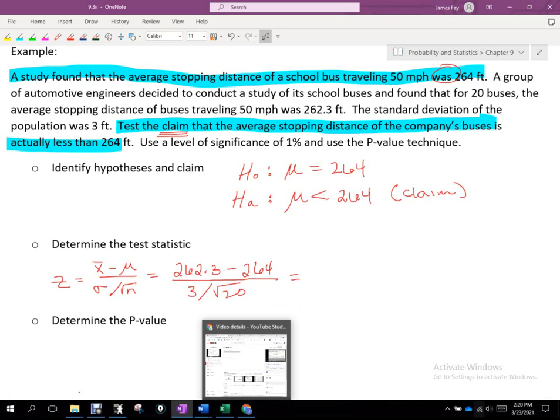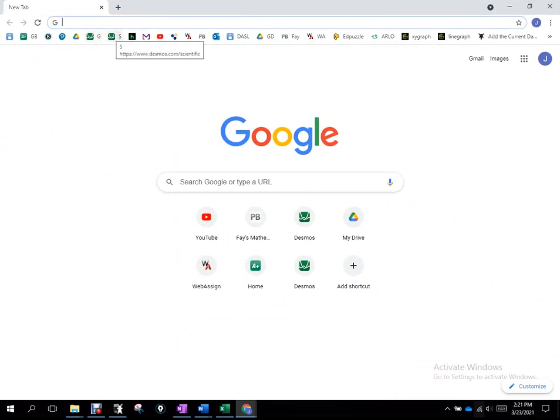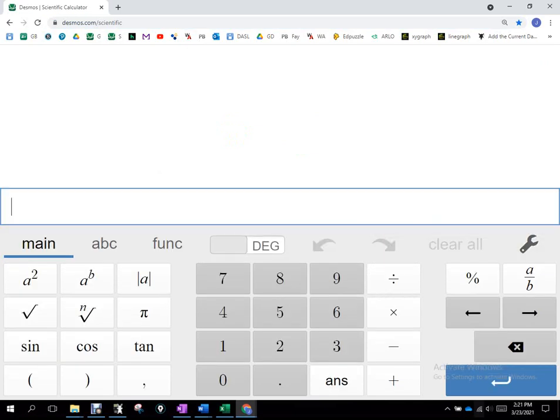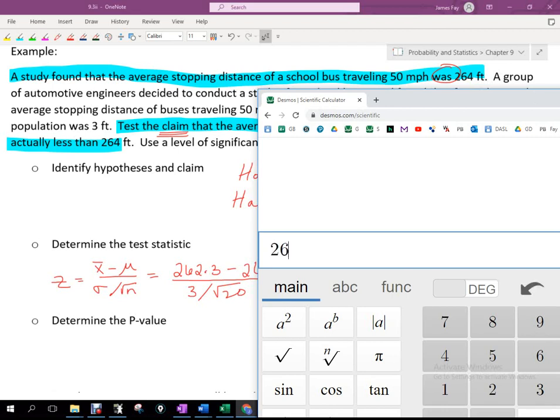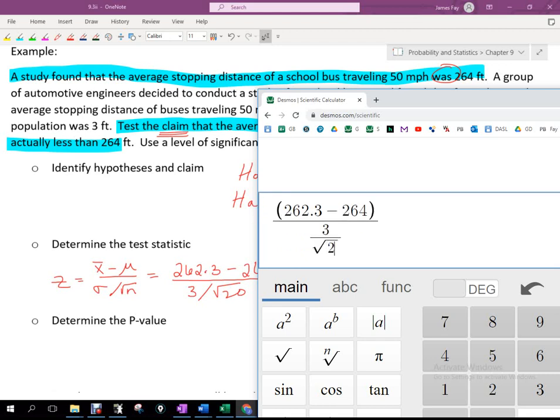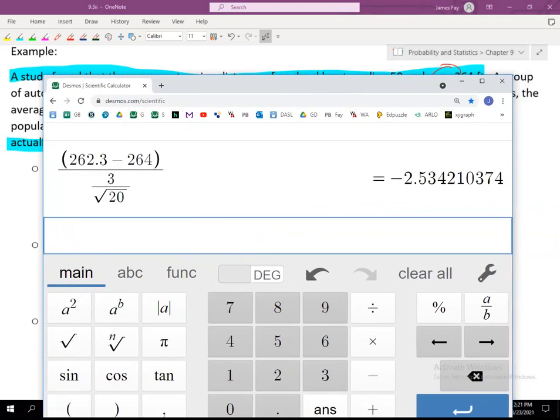So we need to calculate that. So let's see here. So 262.3 minus 264, divided by 3 divided by square root 20, and it gives us negative 2.53.